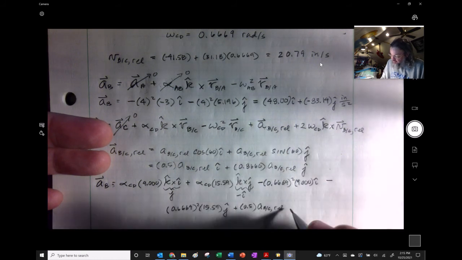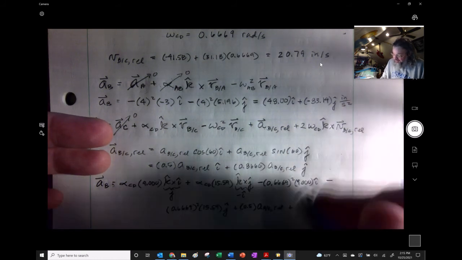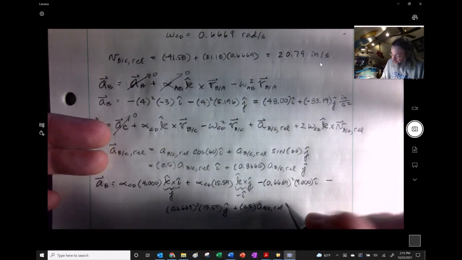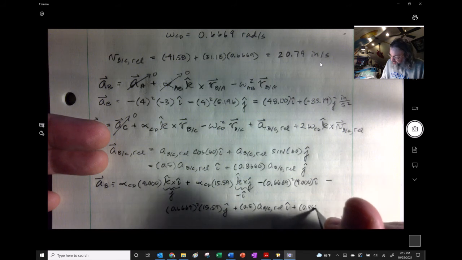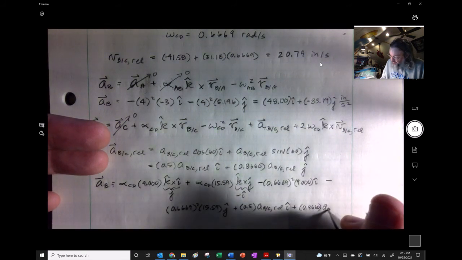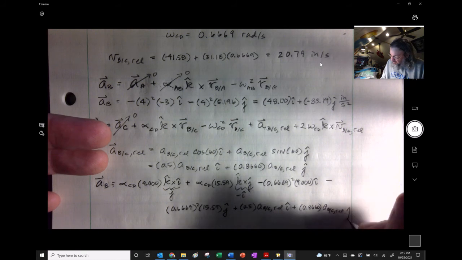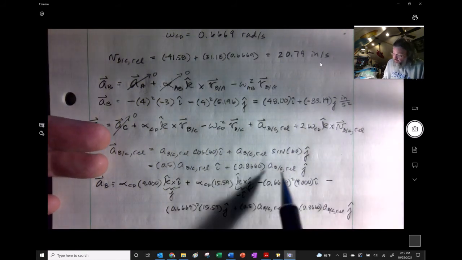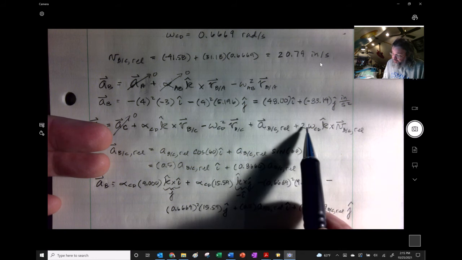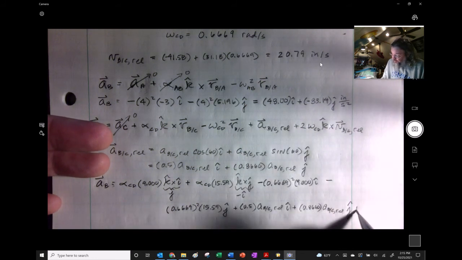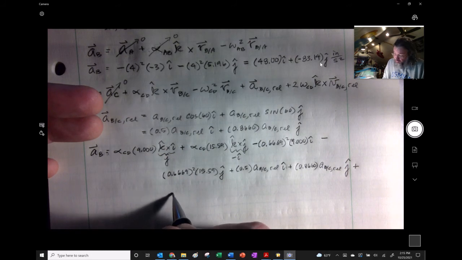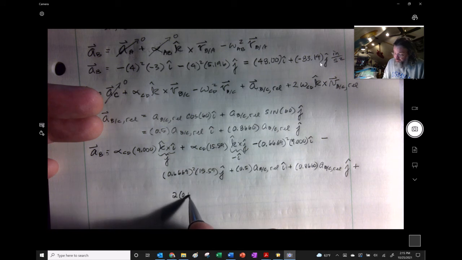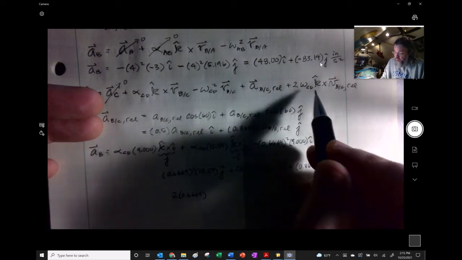Yes, and then I have to add this other one, I, plus 0.8660 AB with respect to C rel J. All right. And then we're going to do this one right here, so then we're going to go plus, to say that we're going to keep on going. And that could be a long thing because we're going to go 2 times omega CD, which is 0.6669, right?